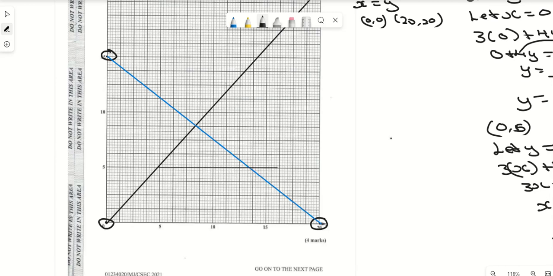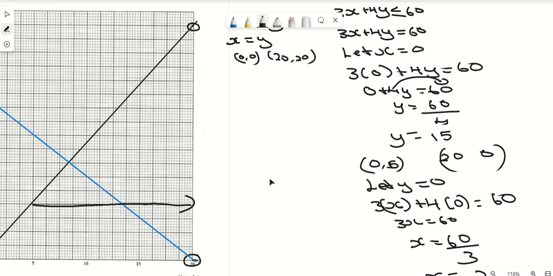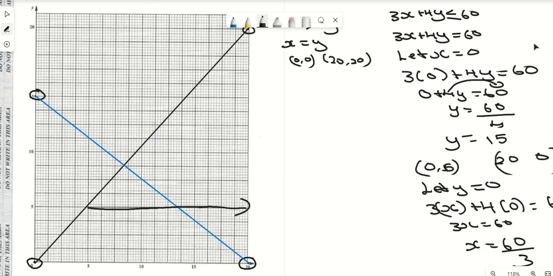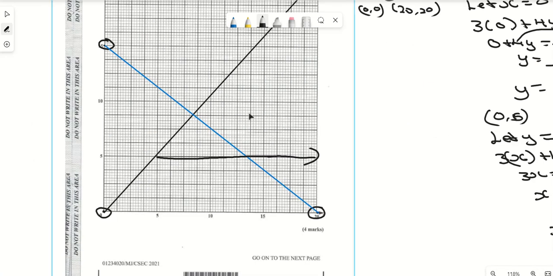So this is this area right here, the arrow. So we want where x is higher or larger, which is at 20, after this line. And then the next inequality is 3x plus 6y is less than or equal to 60. So we want below this line here.